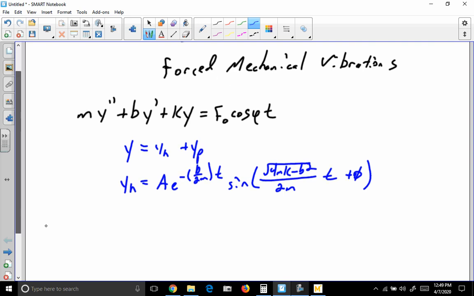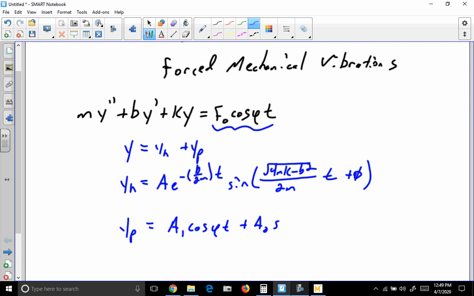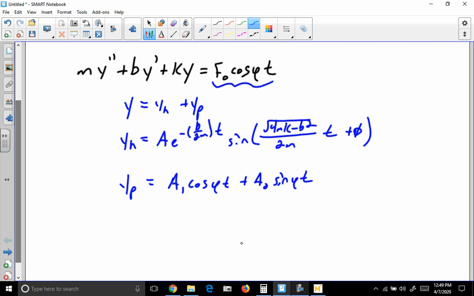To get the particular solution, we have to look at the external force. So our particular solution is going to be of the form A1 cosine gamma t plus A2 sine gamma t. We did that in previous sections. So we get our first derivative of that.